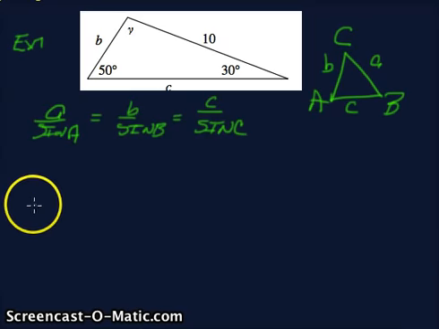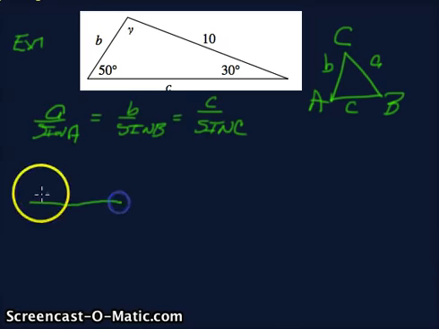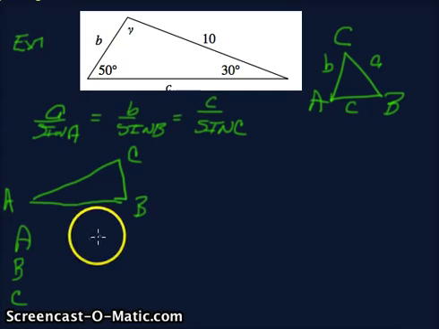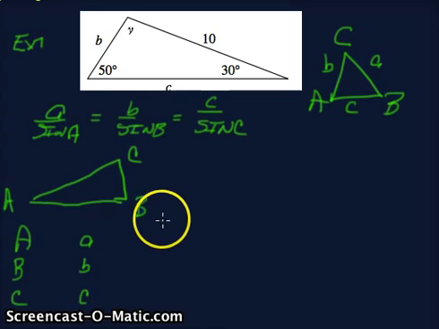Now, what I'm going to do is I'm just going to redraw it. I'm going to call this A, I'm going to call this B, I'm going to call this C. And I'm going to make my little legend down here, ABC and ABC. Let's go back to the picture.